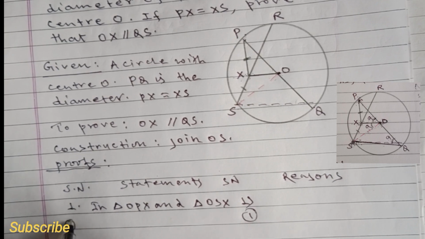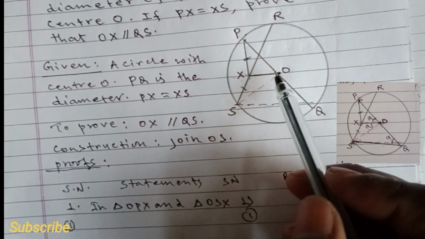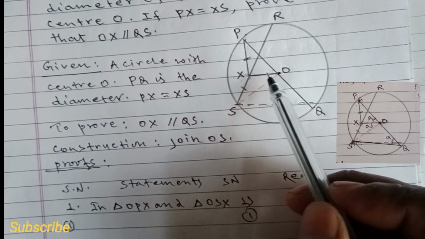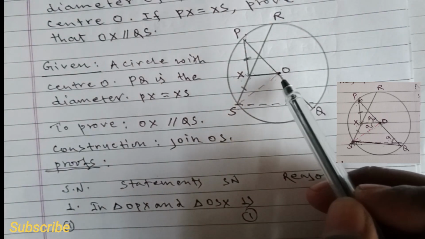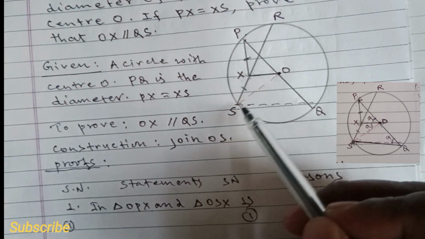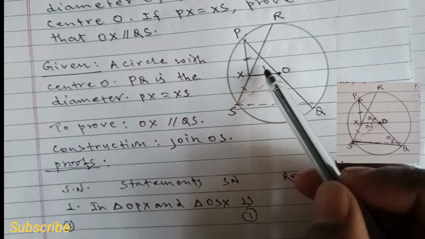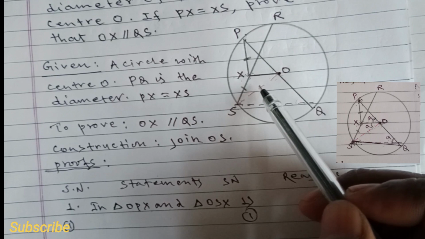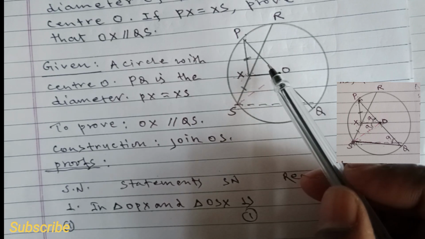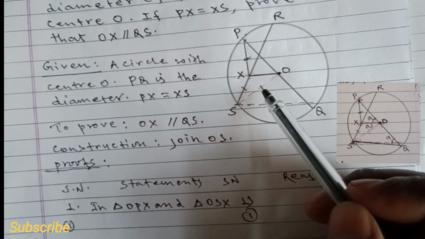In order to show two triangles OPX and OSX congruent, the two triangles must satisfy any one of the 5 facts of congruency test of two triangles.